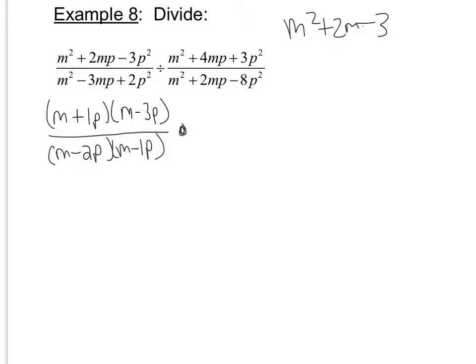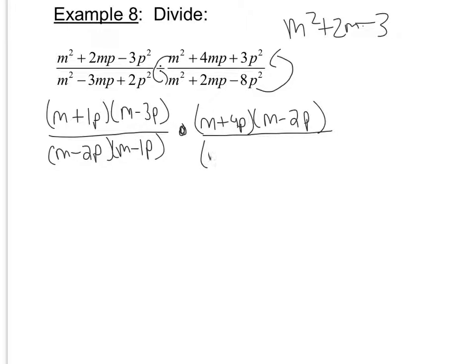And then times. Now we got to move this one to the top, this one to the bottom. So I'm going to be factoring the bottom first. Multiplies to negative 8, adds to positive 2. So it's going to be positive 4, negative 2. And see how it moved to the top? Because you multiply by the reciprocal. And this is going to be positive 3, positive 1.